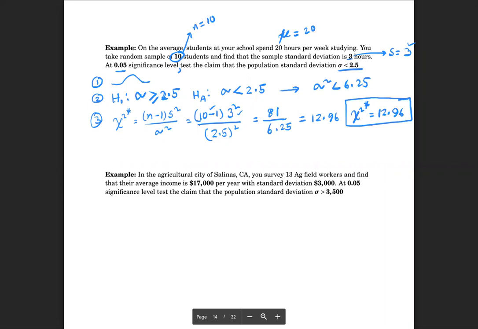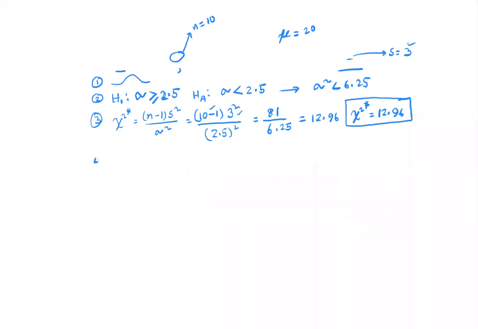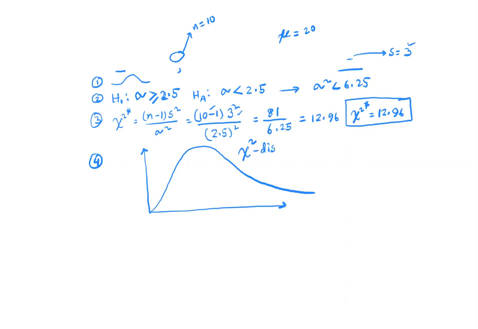Now let me take the screen back. Step number 4, we are going to create the diagram or graph for the chi-square distribution, which looks like this.